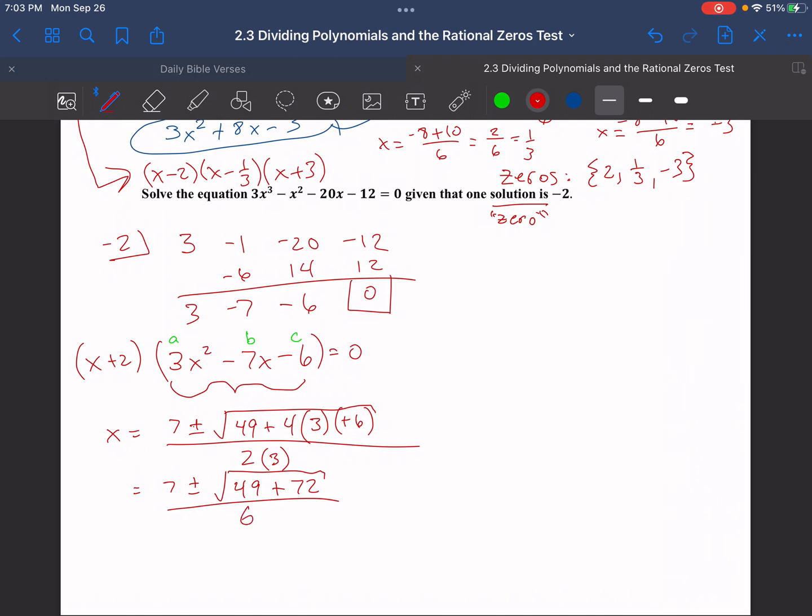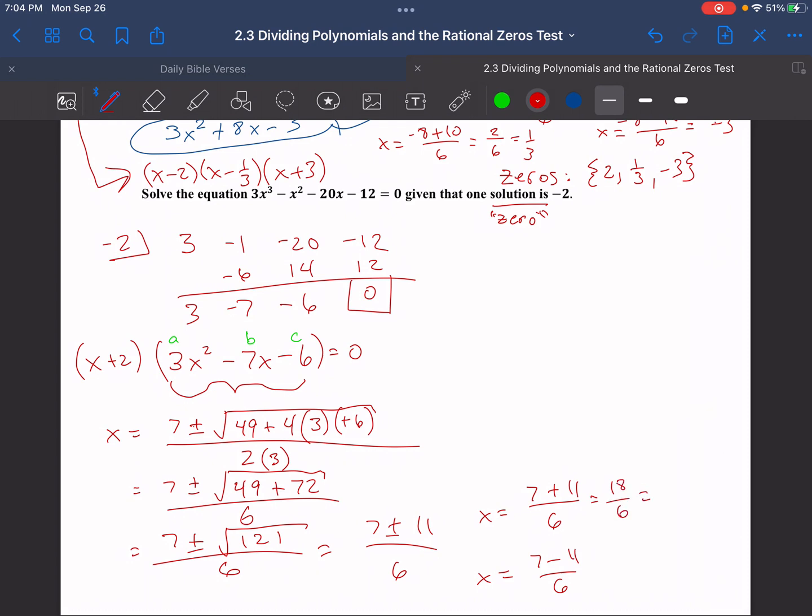And 49 plus 72 is 121, so it's the square root of 121 over 6, which means this is just 7 plus or minus the square root of 121, which is 11, over 6. And so we'll get x equals 7 plus 11 over 6, and x equals 7 minus 11 over 6. So 7 plus 11 is 18 over 6, which is just 3.